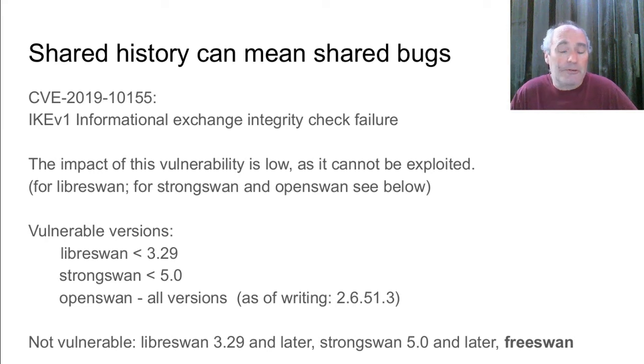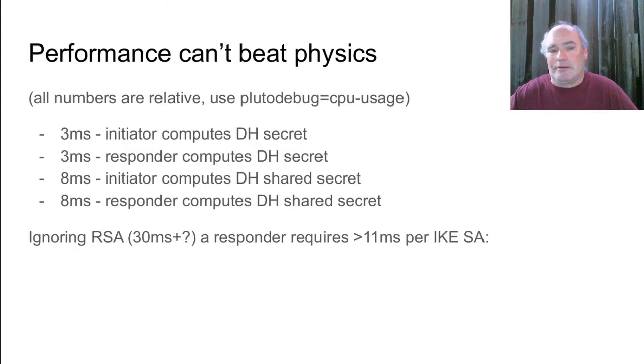The packet would just get dropped, which is why it says this is incredibly low vulnerability. But it's there. The interesting thing to see is FreeSwan didn't have the bug. It was introduced in the first release of OpenSwan. And then, of course, StrongSwan and Libreswan inherited it. StrongSwan got rid of it when it got rid of the last of the IKEv1 code, and Libreswan turned it up and got rid of it last year. Just got to watch out for that.